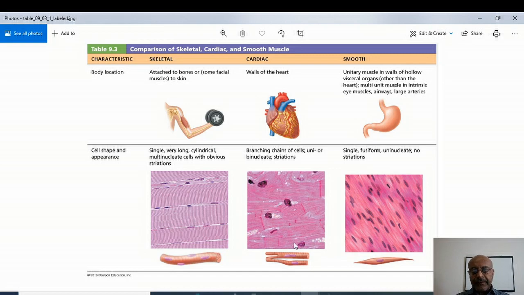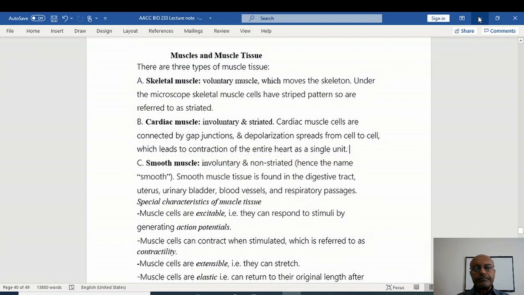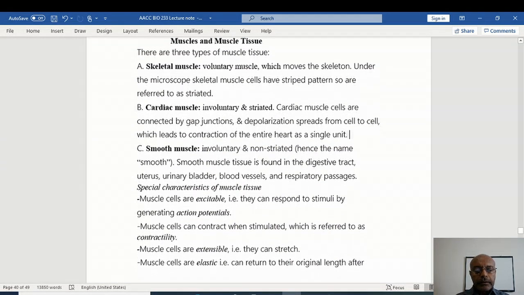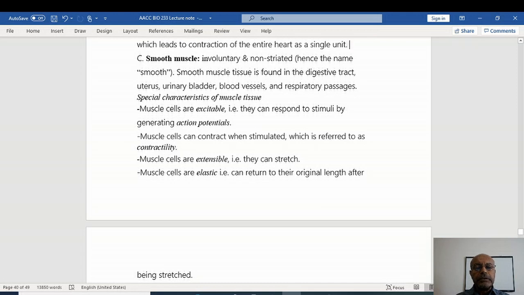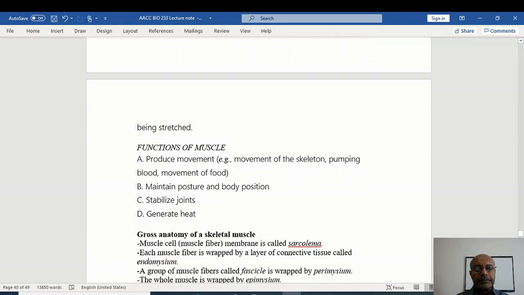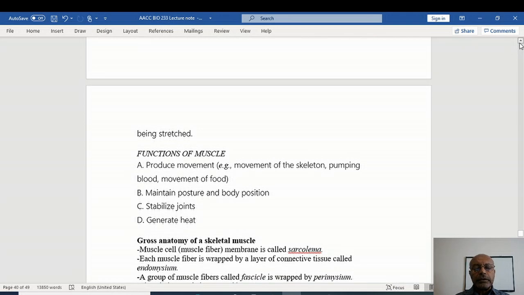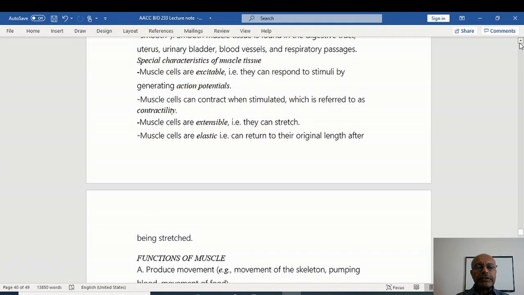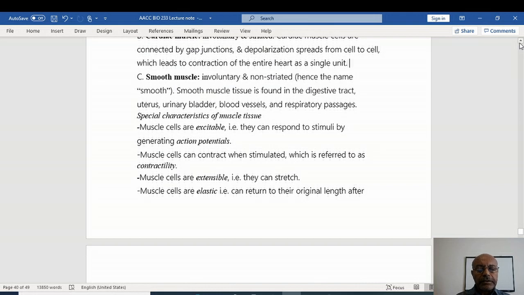Let's see some features which all of these share in common. All of these have the following features in common. These muscles have contractility, meaning they are capable of contracting. All muscle tissues are contractile, meaning they can contract. They are also extensible.